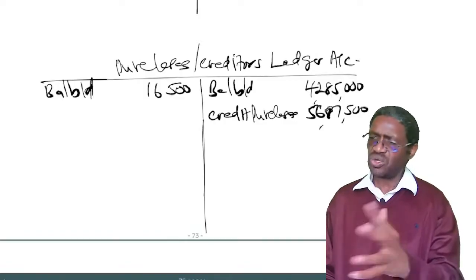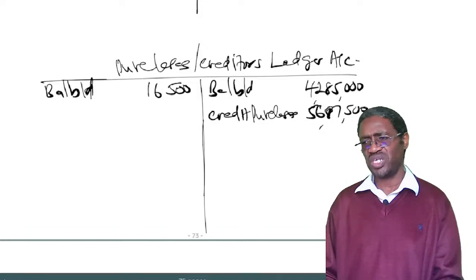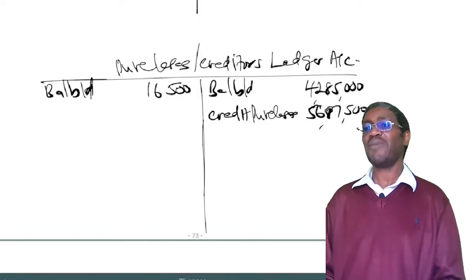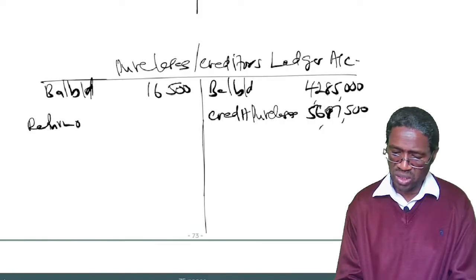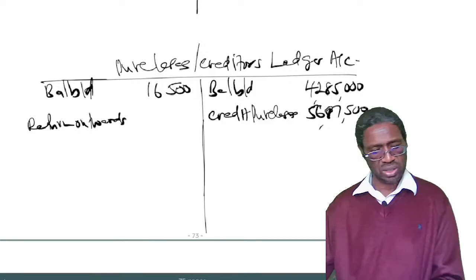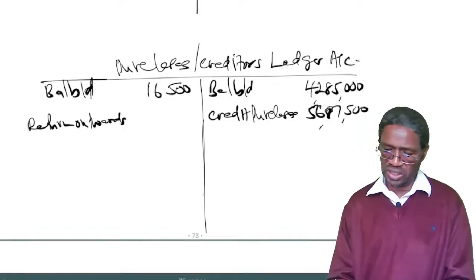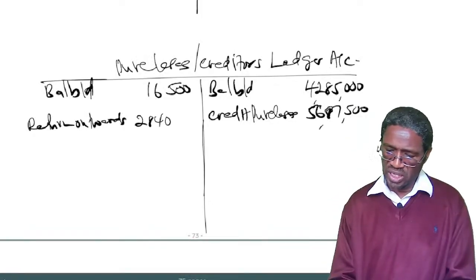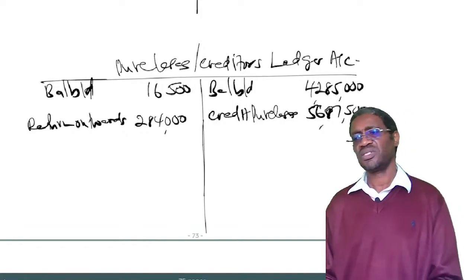For whatever reason we are returning, maybe there were more than we needed or some are damaged, we were forced to return. So we come and debit. And we come and see a return outwards. By how much? 284,000. Good. Put it. 284,000. Good. Next.